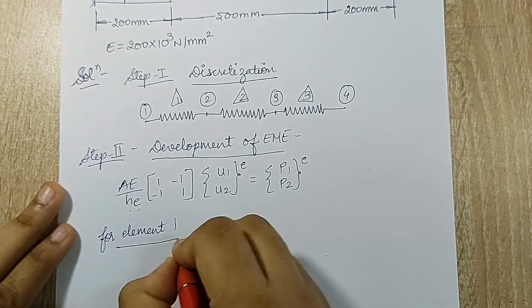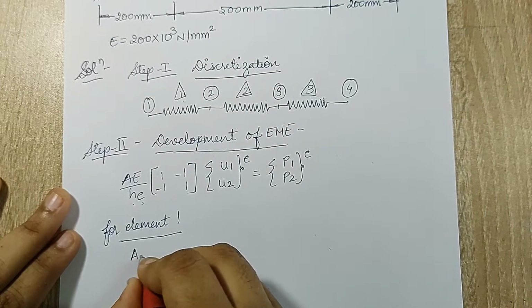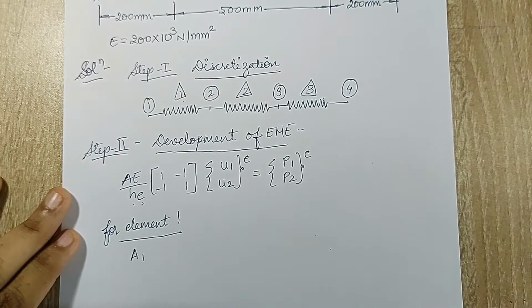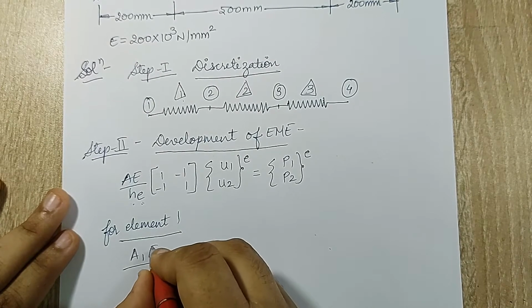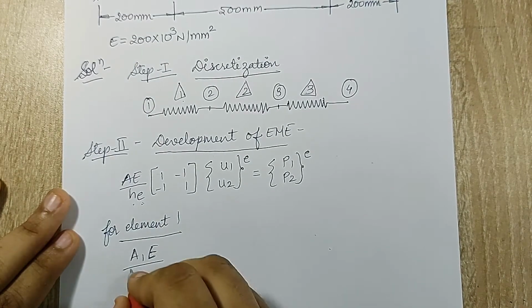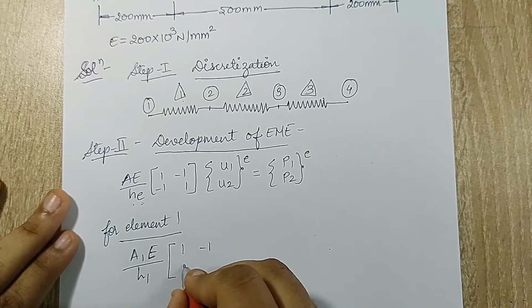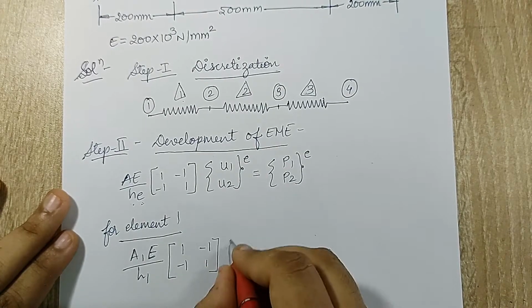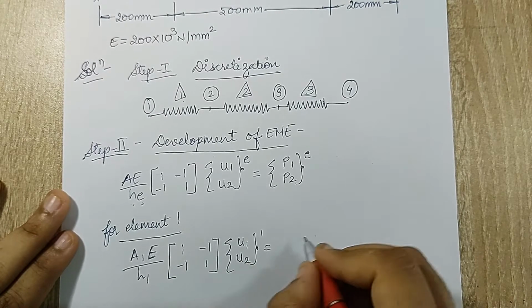For element 1, that is the first element that I will have area as A1 because I need to calculate by using pi by 4 d square. E is same for all the materials, so it will just remain as E, and the length is H1. Here I have 1, minus 1, minus 1, 1. For first element, it will be U1, U2 raised to 1.